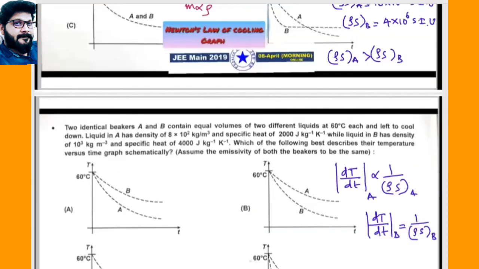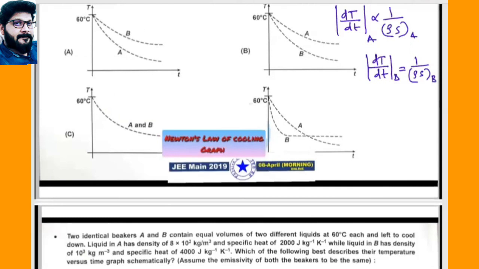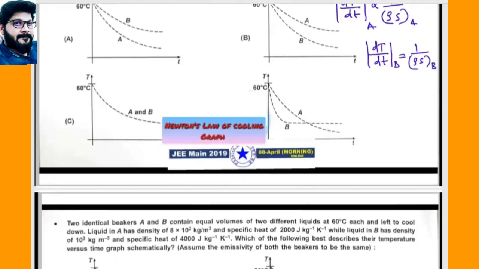You can check it here. So rho into S of A is less than rho into S of B. It means it will be opposite to that, right? So I can write here dT by dt, the rate of cooling of A, is greater than the rate of cooling of B.